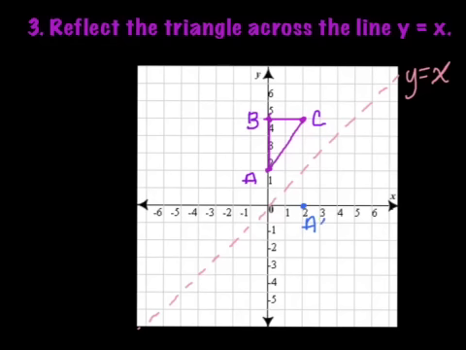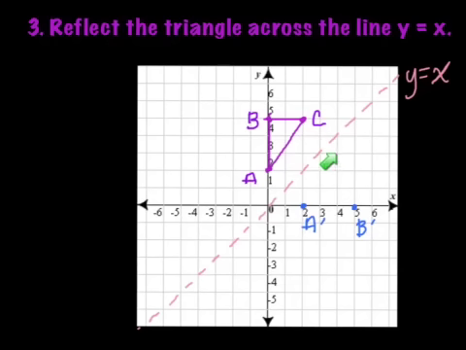Now B needs to be the same distance away from the reflection line. So it's easier to look at this and then count this way. So it's at 1, 2, 3, 4, 5. So we would count over 5. It's going to be right there. So B prime is right here. And then if you look at C, you can see where it's at.